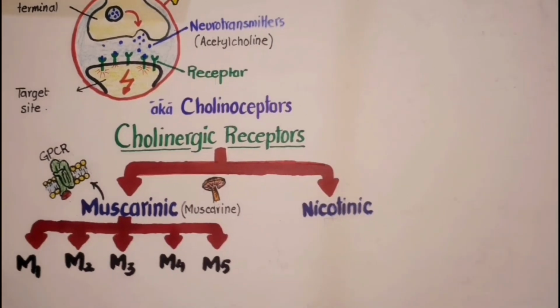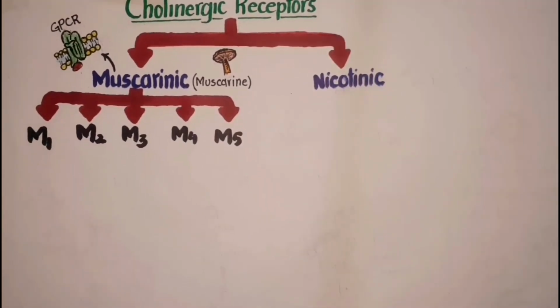The first three are the major subtypes and more important clinically, and they are expressed in peripheral organs as well as in the CNS, while the M4 and M5 receptors are present mainly in the brain.